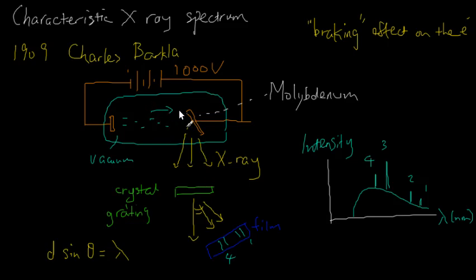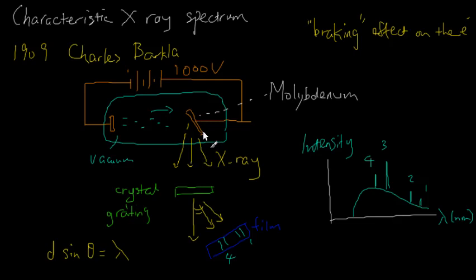And because the collision between the incoming electrons and the atoms in the metal plate is random, it is likely that some electrons would lose more energy, some would lose less energy, and therefore some of the X-ray photons emitted would have more energy, some would have less energy.